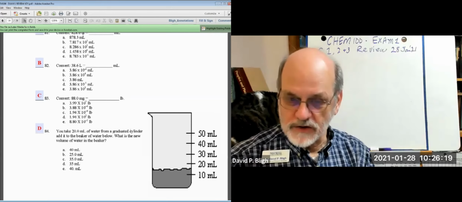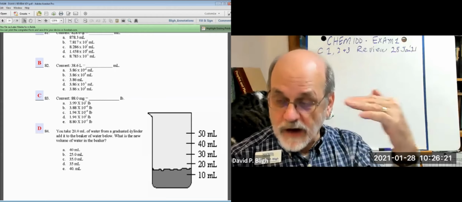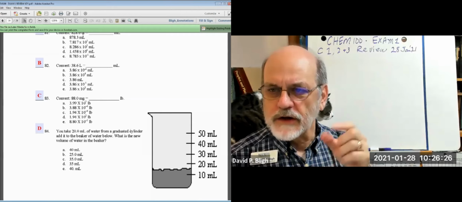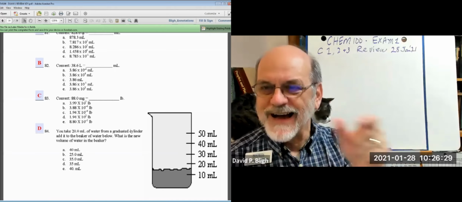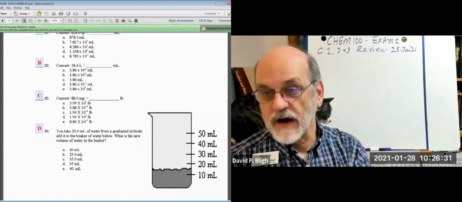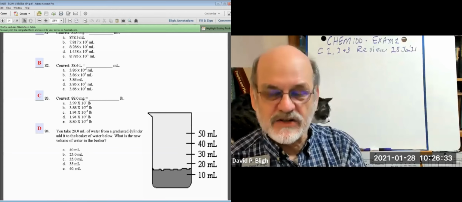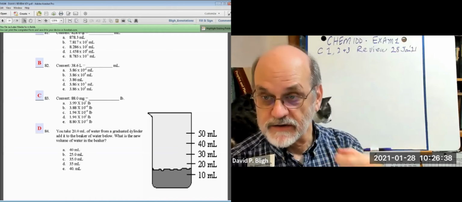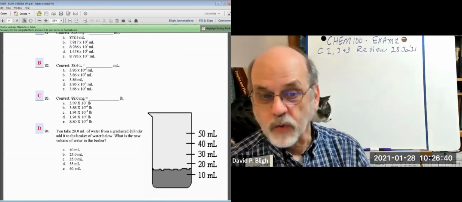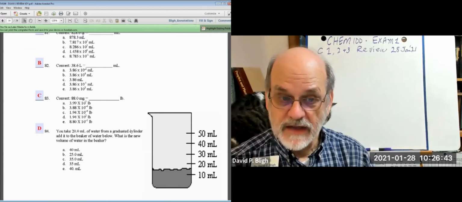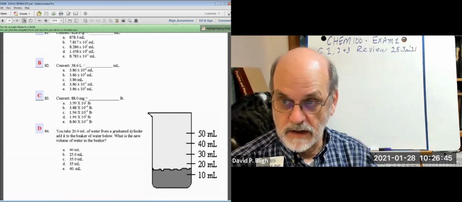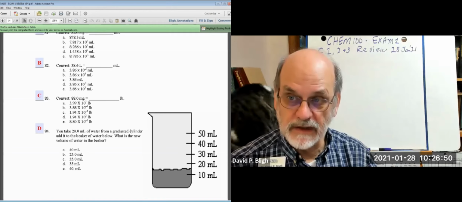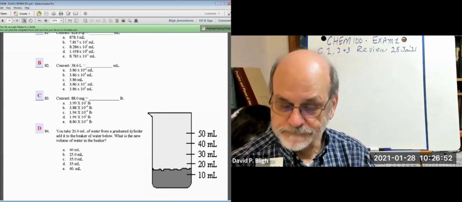This requires that you understand that it's going to give you a higher volume, of course, but you're using two devices to measure your volume. What's the limitation on your answer? The least accurate measure is the limitation. 20.0 milliliters says that it came from a graduated cylinder that was accurate to 0.1 milliliters, 20.0.